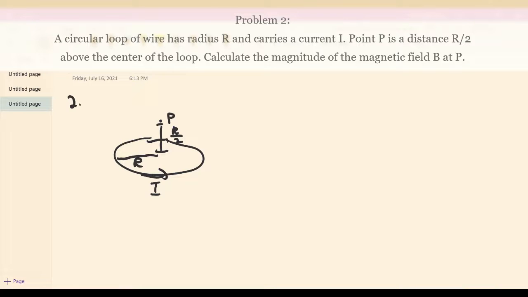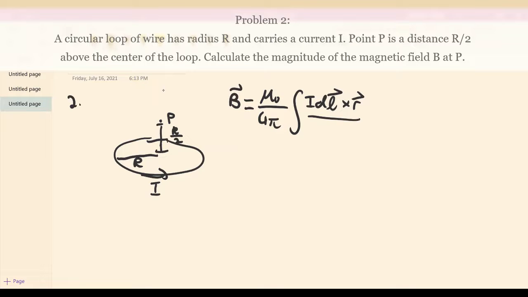The way we solve this is we can apply a law called Biot-Savart's law, which states that B is equal to mu0, which is a constant, over 4 pi times the integral of I dl cross r over r cubed.